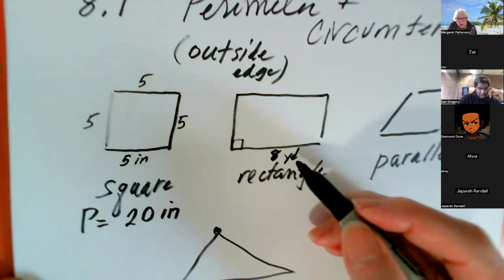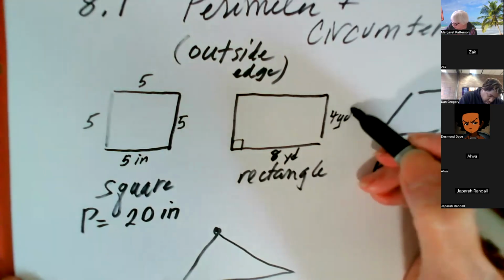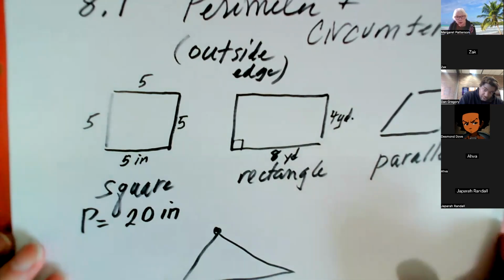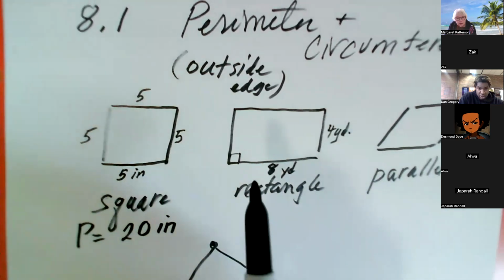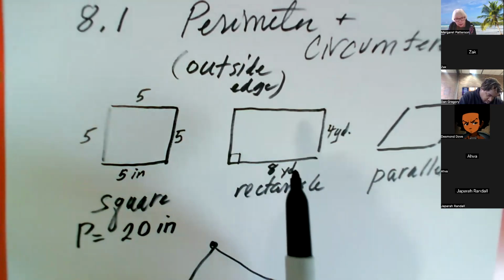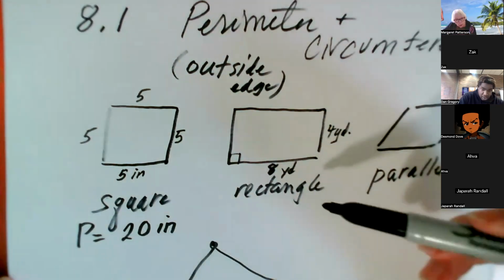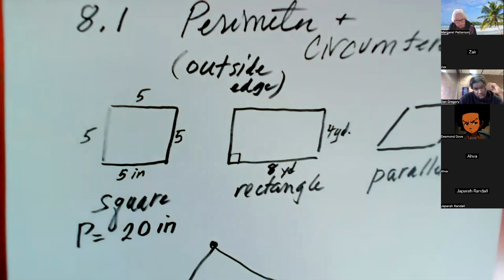So it's 8 yards, and then this one is 4 yards. And somebody said, oh my goodness, I want the perimeter. They typically would only give you these 2 measurements, the length 8 and the width is 4. They may draw you a picture, or they may just give you those 2 facts.